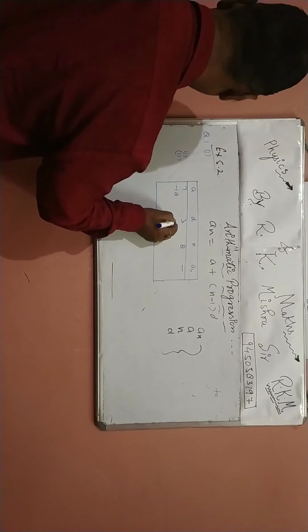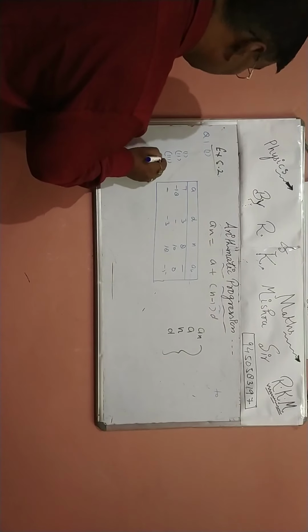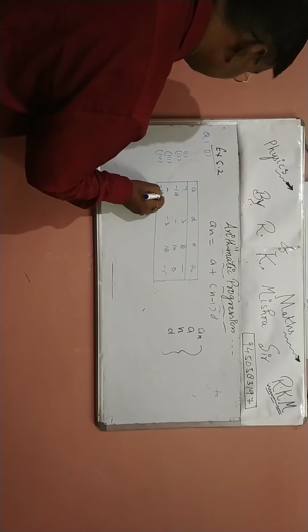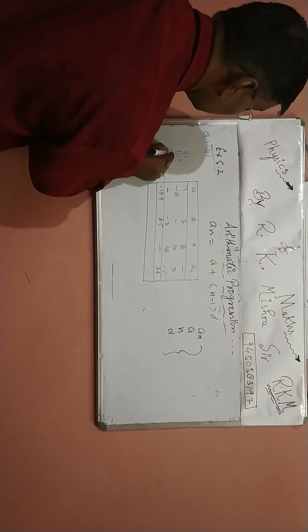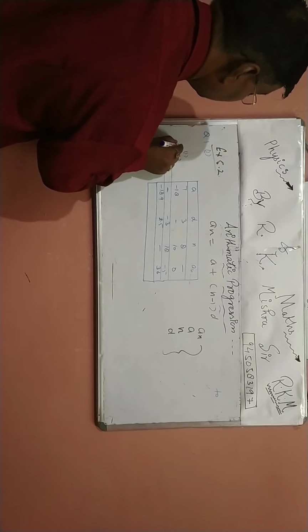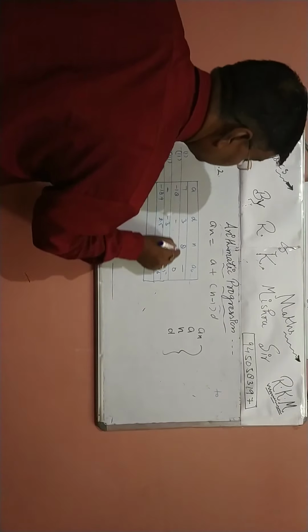Minus 3, 18, minus 5, part fourth. Minus 18.9, 2.5, 3.6, part fifth. You can see each and every part. Part fifth, 3.5, 0, 10.5.